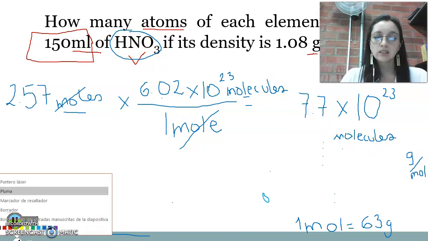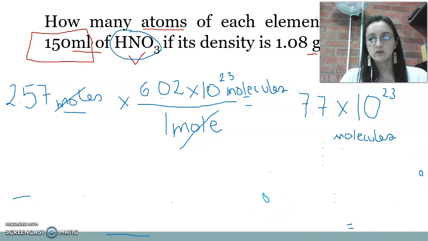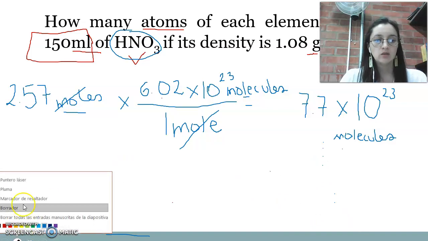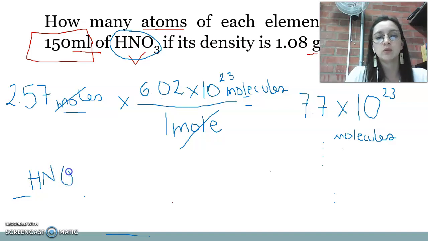However, the exercise is asking me to calculate the number of atoms of each element. So now in this case we have a new conversion factor based on my formula. If we take into account our formula, which is HNO3, we just need to look at how many atoms we have.